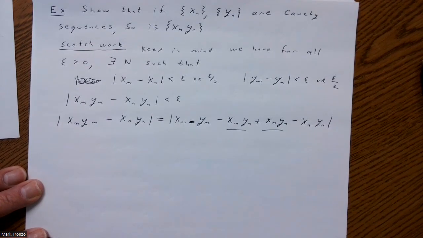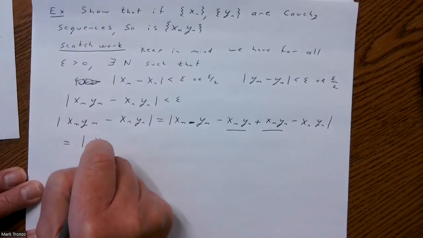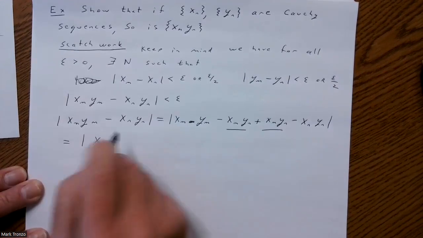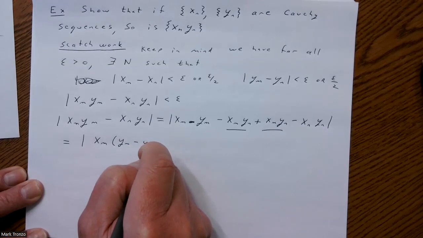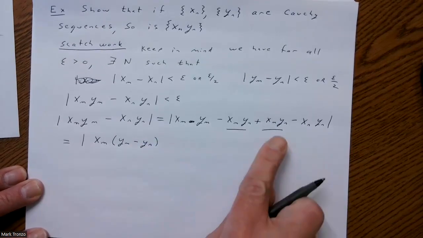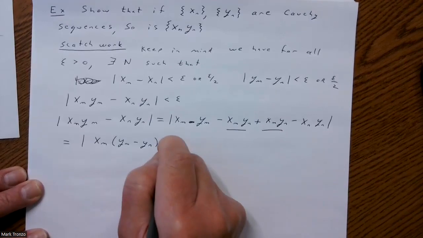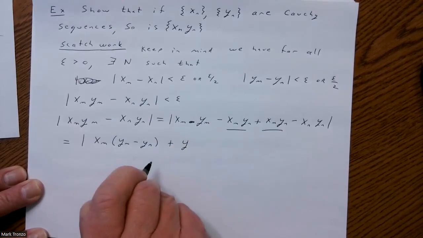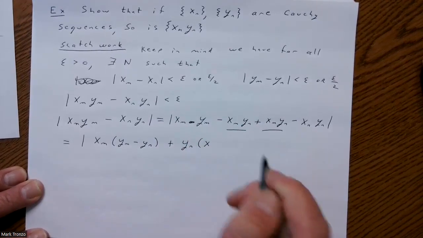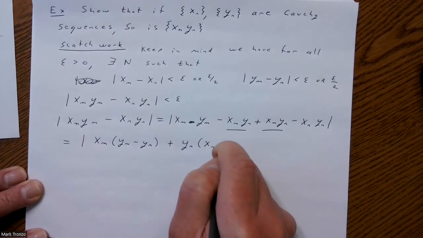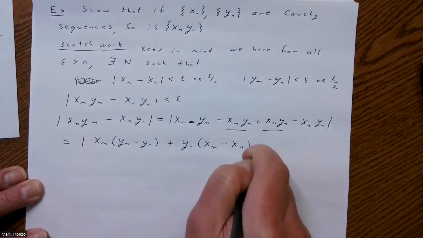And then we can factor out the xm like this. And then we can also factor out the yn over here, with that xn, like this.